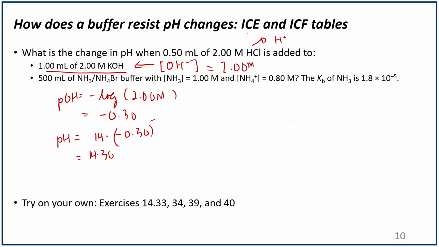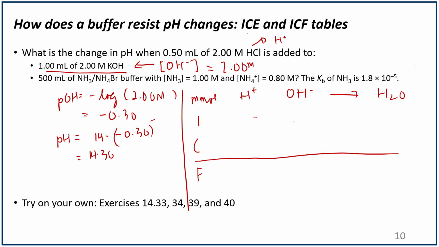And then next, now that we know the pH originally, let's do an ICF table to figure out how much of the strong acid is consumed by the strong base. To write an ICF table, we have to consider their millimoles. So we have H plus from HCl reacting with OH from the KOH, producing water.